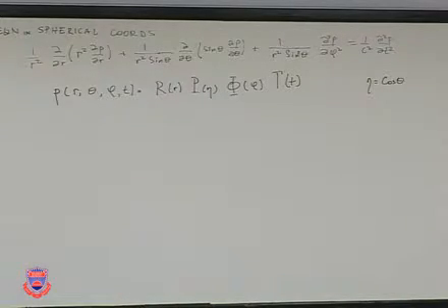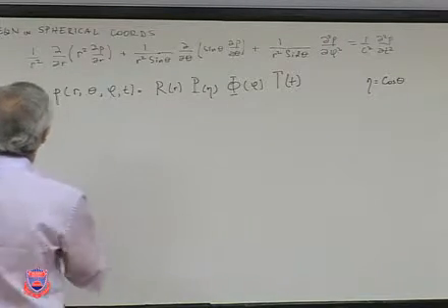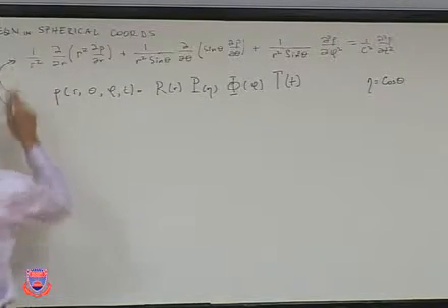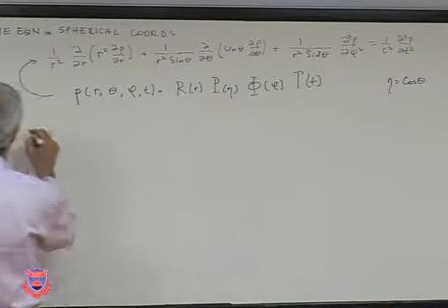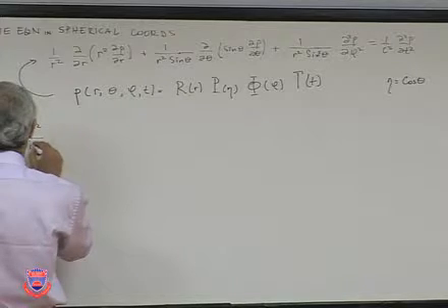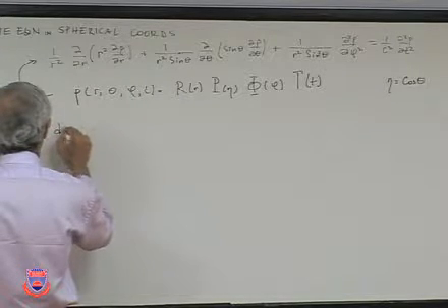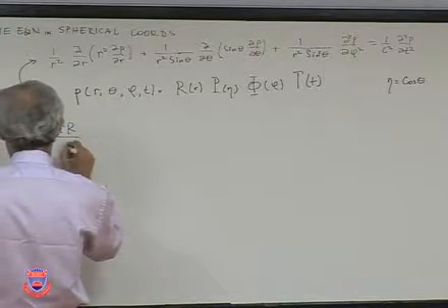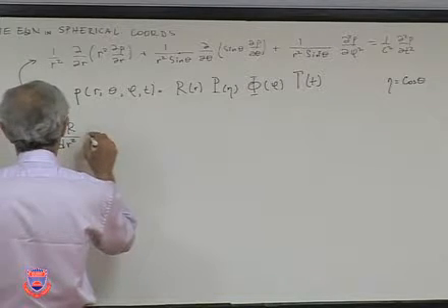And if we substitute this in the wave equation, we end up with a very nice compact form of the wave equation.